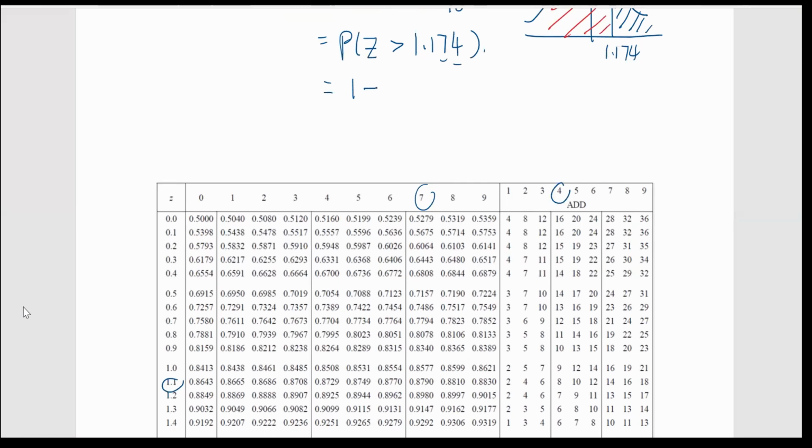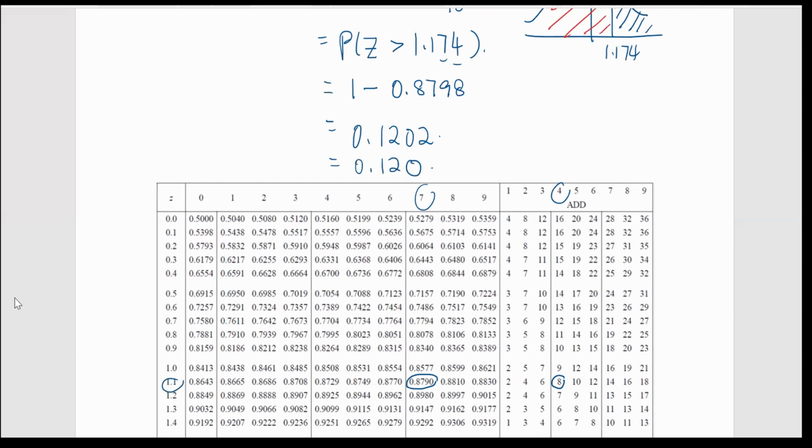So we can see the probability is 0.8798. And finally, take 1 minus it. So the probability found is going to be 0.1202. Rounded off to 3 SF, 0.120.